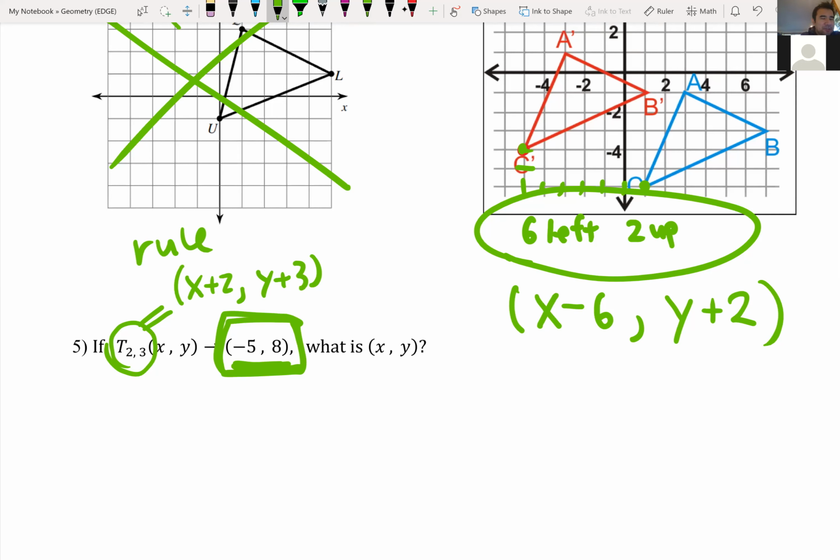And your job is to figure out what is the original location, original coordinate. And that's what we are after this time. So you're going to do it backwards. Does that make sense? Okay, that's right. So what is the coordinate of x and y?